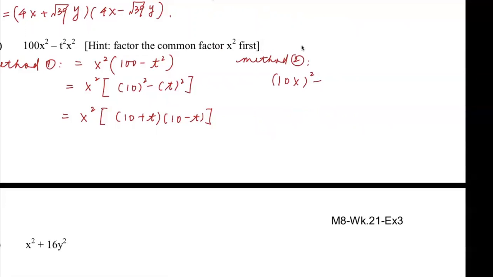T squared x squared can be written as tx squared, right? So in my opinion, I think this is even more straightforward because this is equal to 10x plus tx times 10x minus tx.